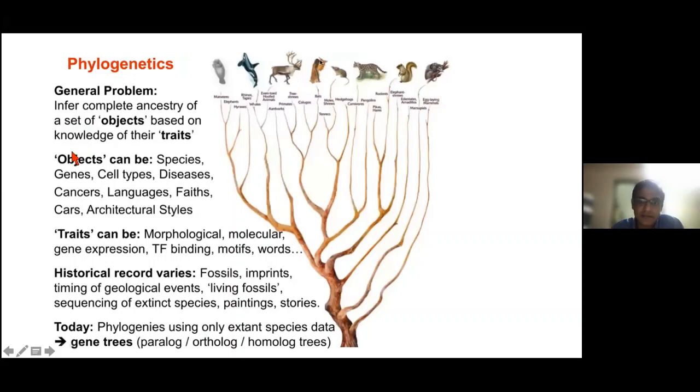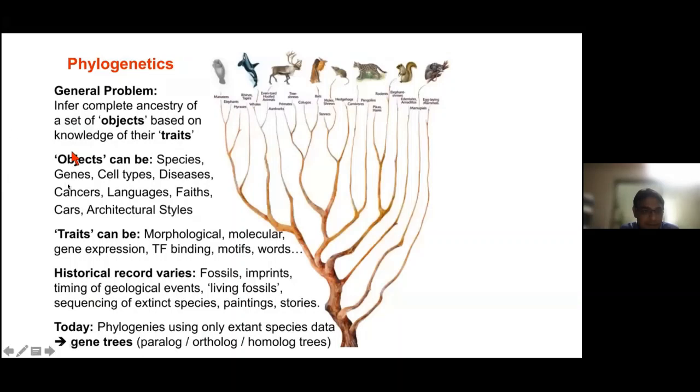We want to find the relationships between them based on certain traits. The objects can be species, as shown. They can be genes, cell types, or different diseases, and how they are related.